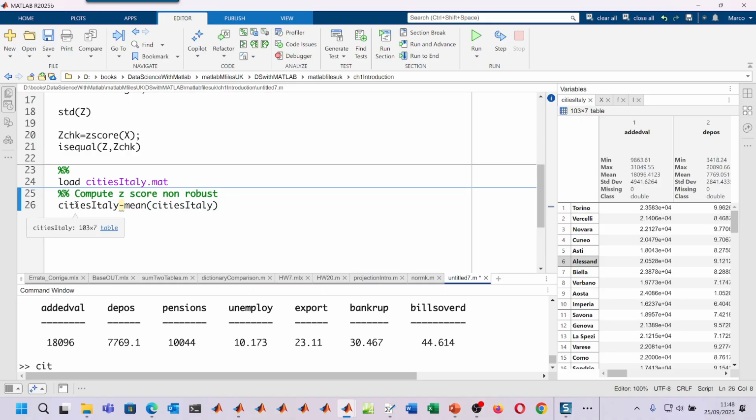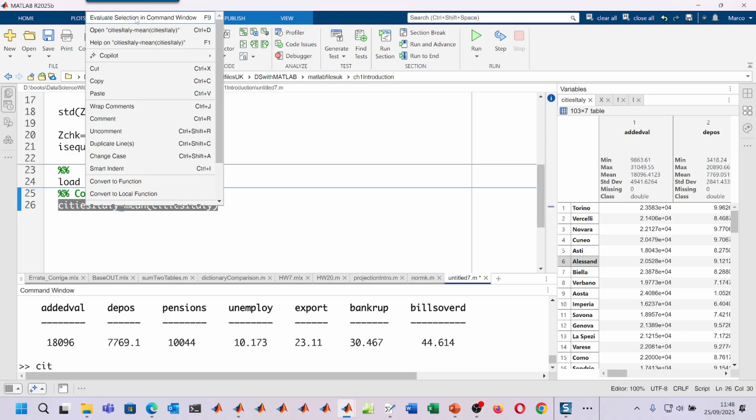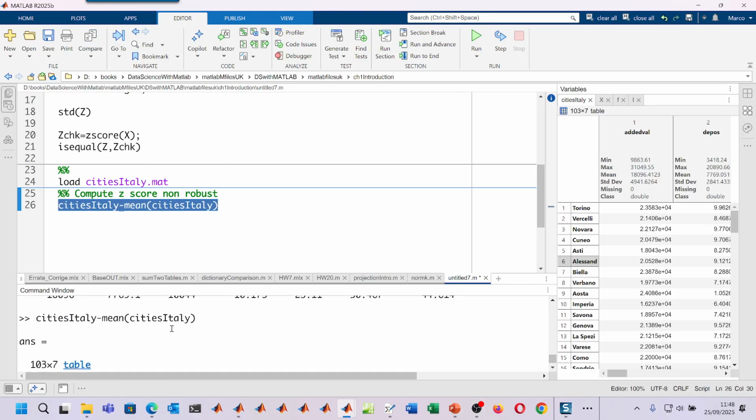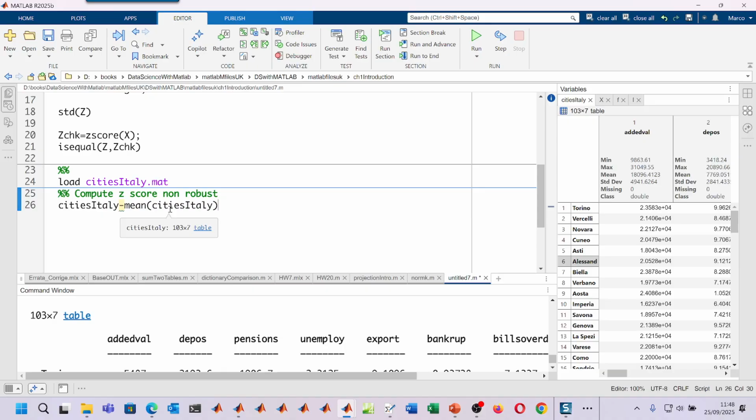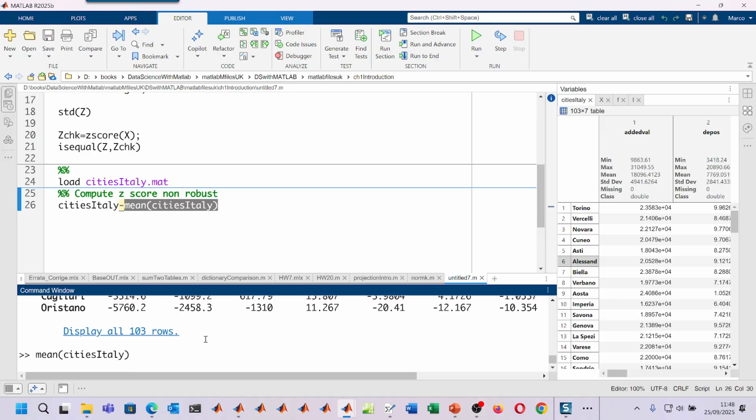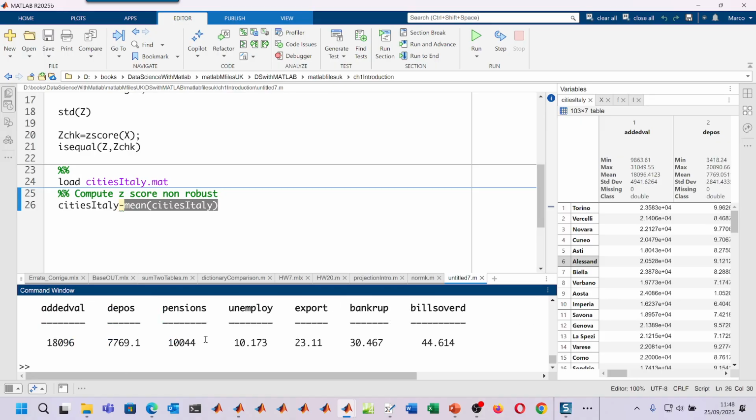This syntax works because these are two tables. One is 103 times 7. Yes, this works because these two things have the same table names. You see, the mean of Cities Italy has the same names as the original table, and so it works.